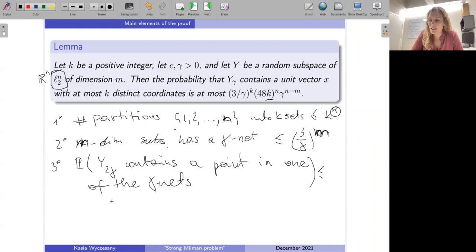Sorry, this was quick, but I'll just write it. We need to multiply what we got here. So there's the k to the n, there is the 3 over gamma to the m.